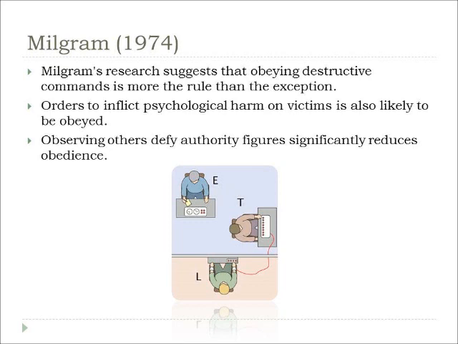Orders to inflict psychological harm on victims are also likely to be obeyed. When the administered harm was psychological rather than physical, the majority of the participants still obeyed experimental instructions to continue inflicting harm. Observing others defy authority figures significantly reduces obedience. In groups where some people model disobedience, defiance is way more common.